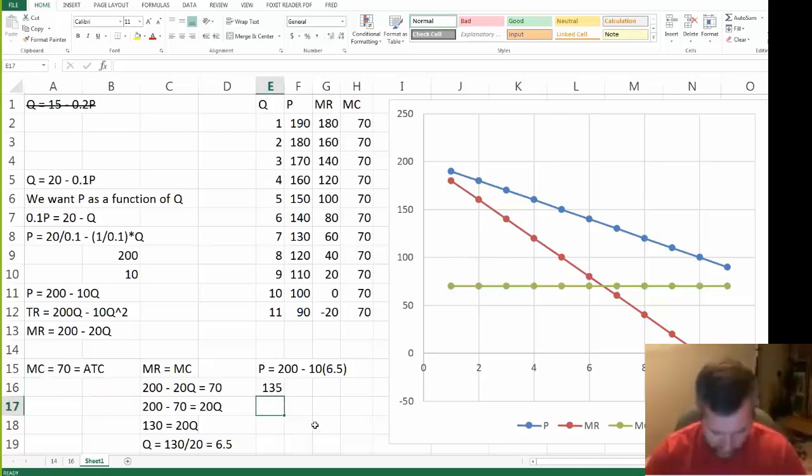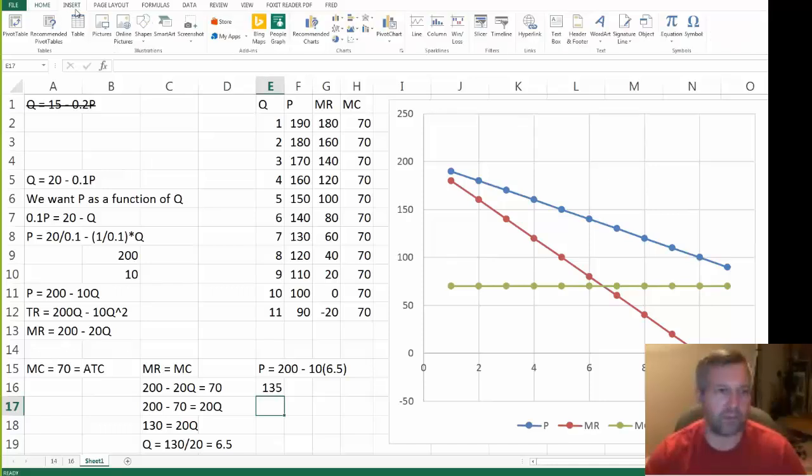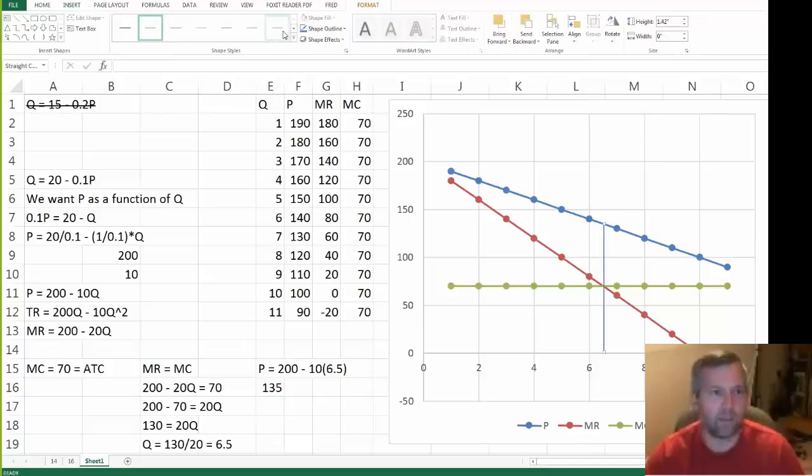So then, how much profit do I make? Well, it might be easier to draw some shapes here, just to get a sense of what's going on. So here's my 6.5 spot, another blue line. Then this we said was at about 135.